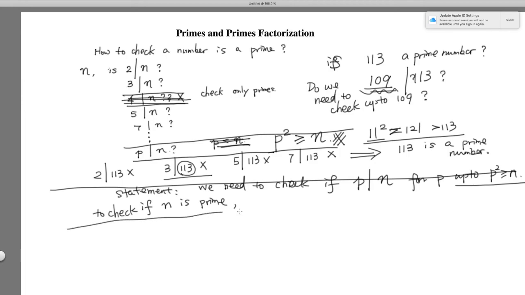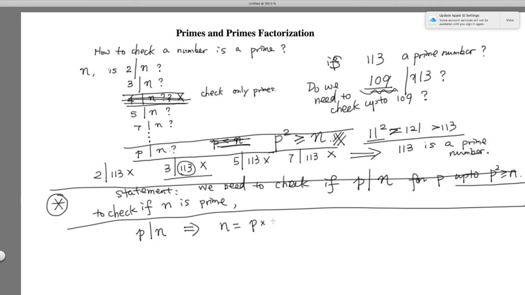All right, how do we prove this fact? It can be proven by the following. If a prime number p divides n, that means n can be written as p times m.